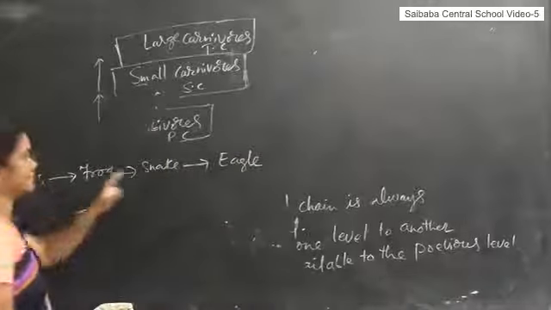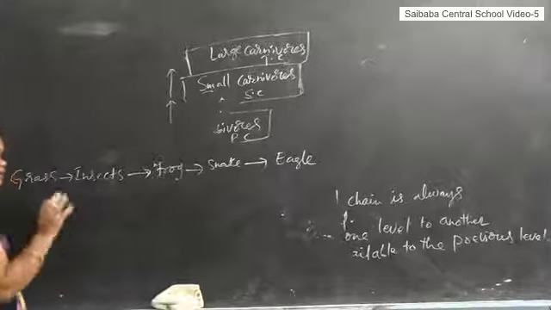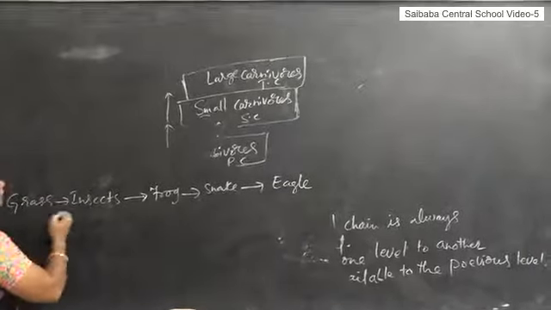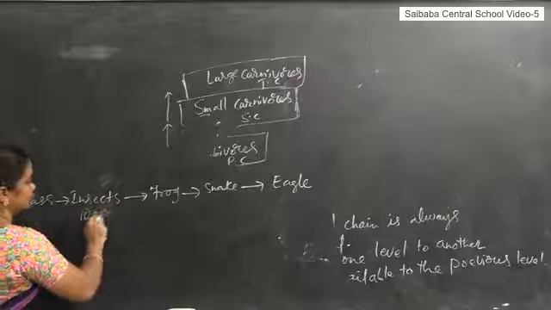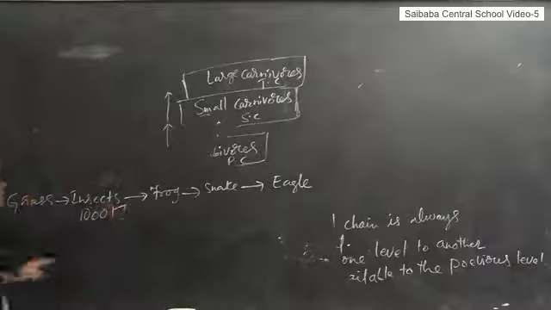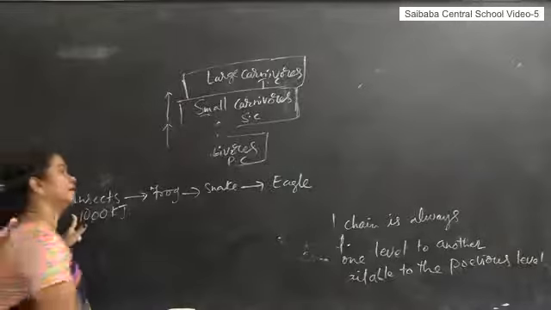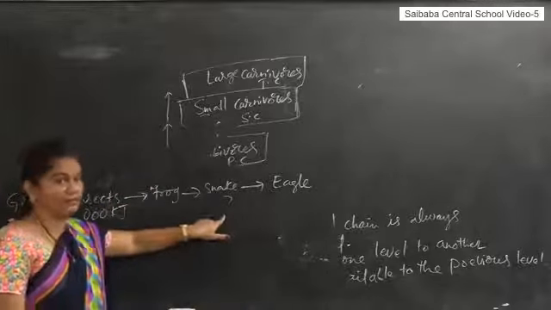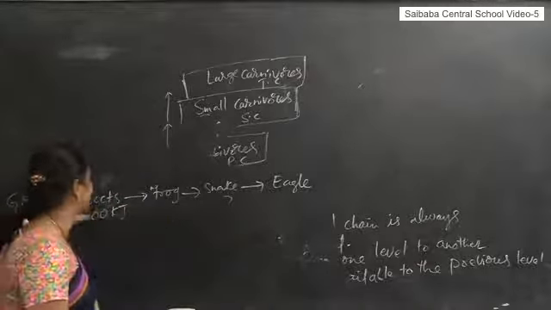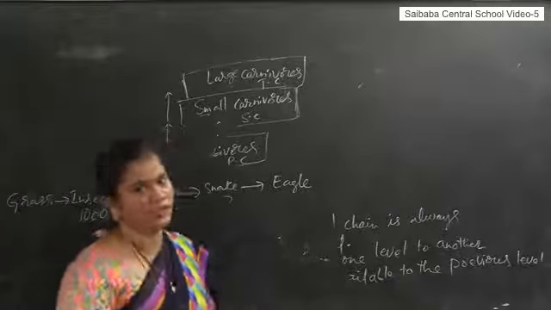So by giving a food chain like this, they will give the available amount of energy at any one trophic level in this food chain. For example, they give here 1000 kilojoules of energy available at the level of insects. And they will ask you to calculate how much energy is available at the snake trophic level. So this is the way of asking a question by the board by giving a food chain. Are you getting my point?